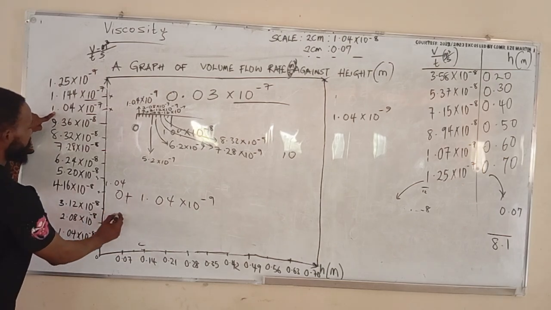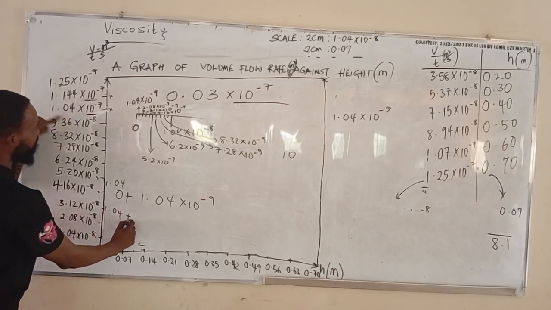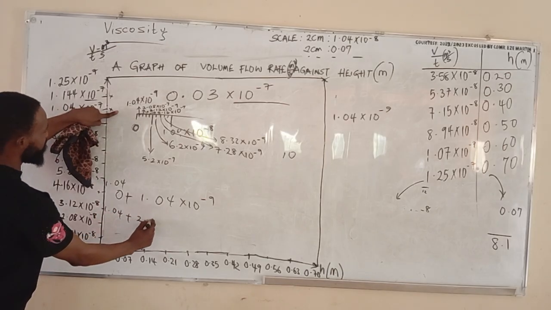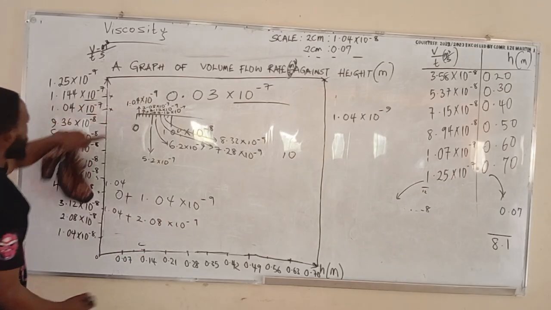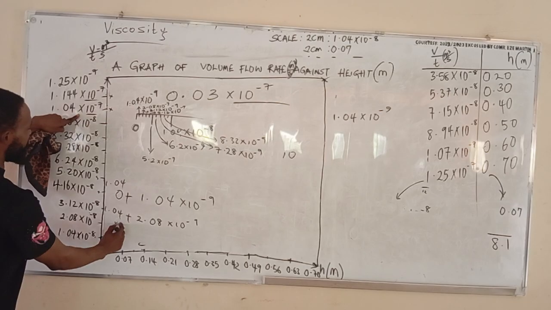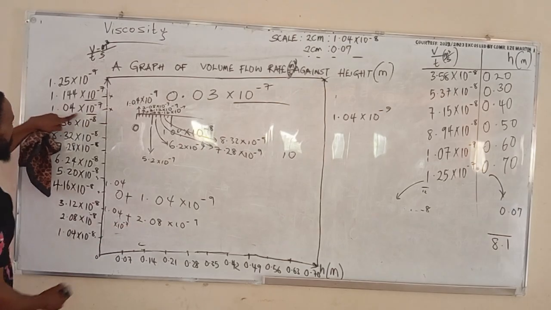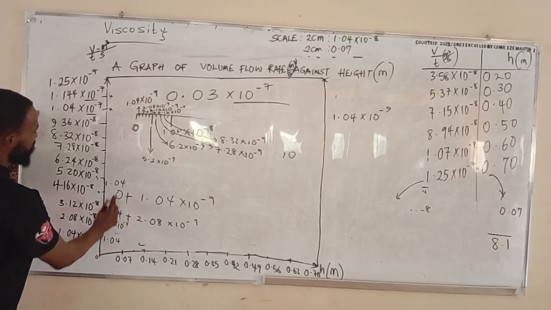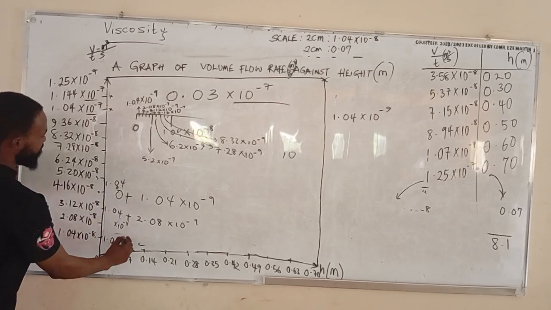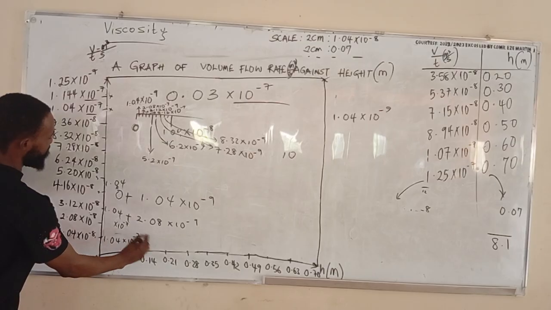It will give me something. And I have 1.04 plus, on this mark, 2 points. And remember this one is times 10 raised to power minus 7. So on the other end I have 1.04, this mark taking this times 10 raised to power minus 7.